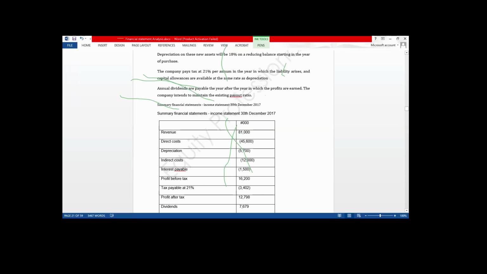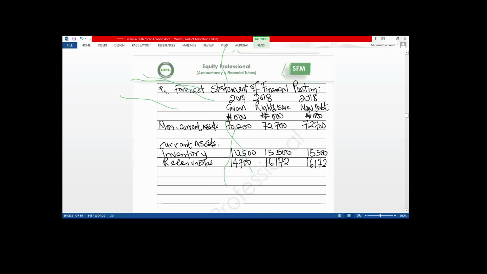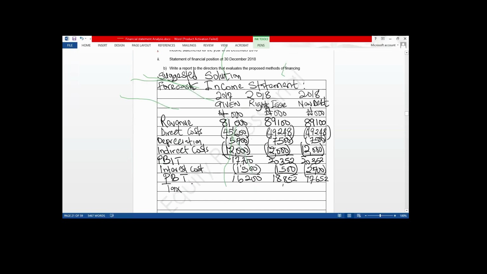So you can compute tax now. Taxation is 21%.